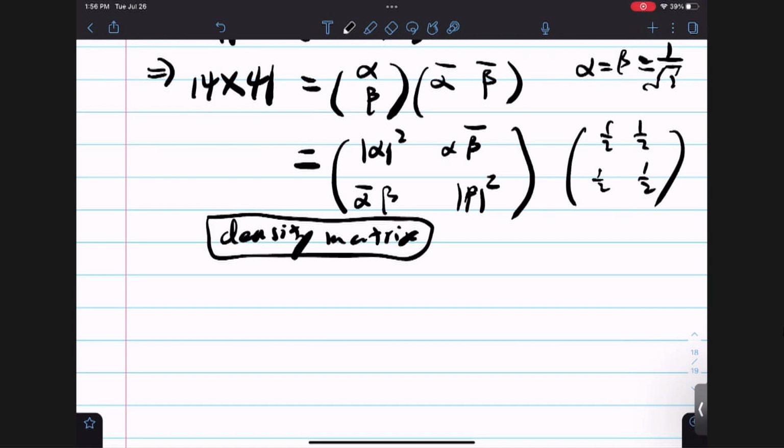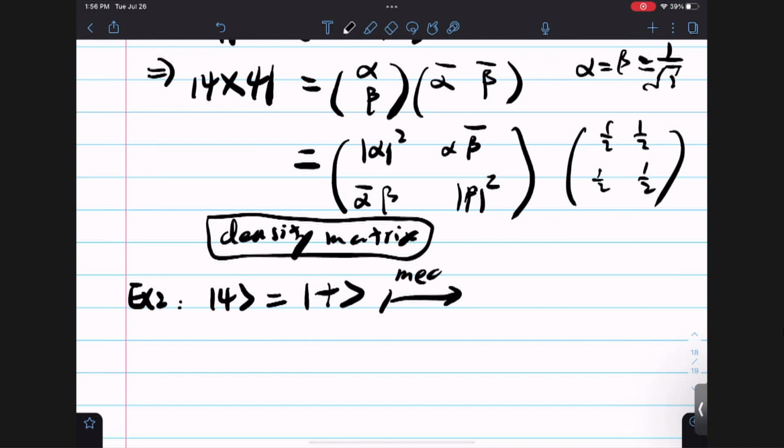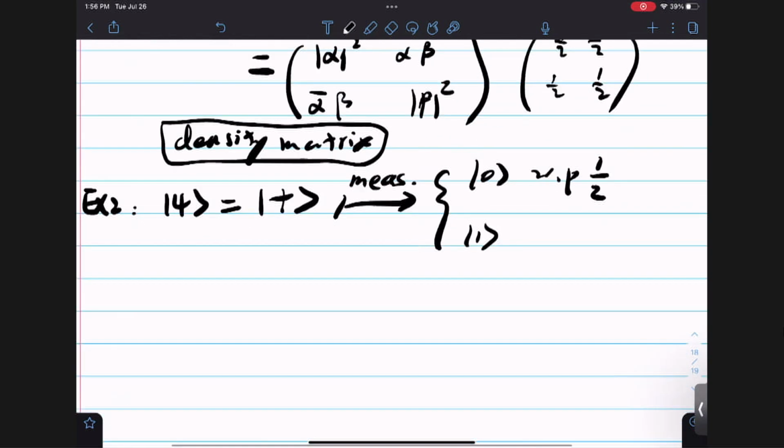Now another example, real quick. Suppose I start with psi, all right? And then I do a measurement under the computational basis. According to the rule of measurement, we're going to see 0 with probability half, and 1. The resulting posterior state will be |0> with probability half, and |1> with probability half as well. So how do we describe this posterior state in a compact way? Well, this density matrix formalism will be very convenient here.